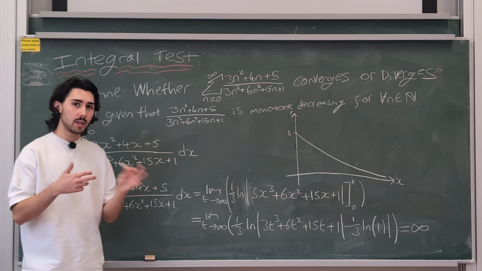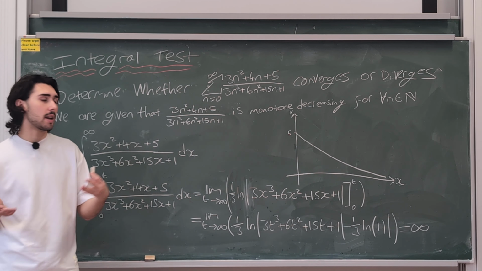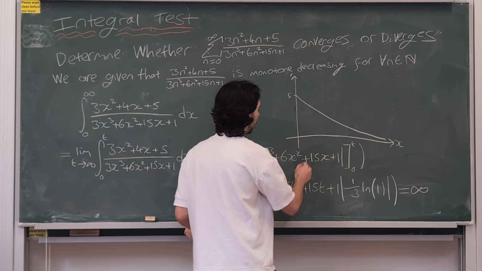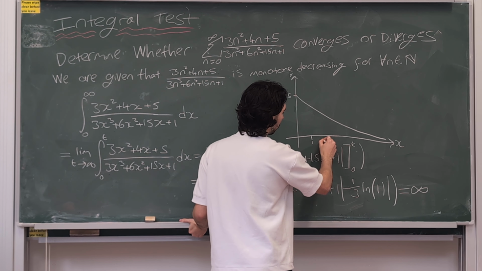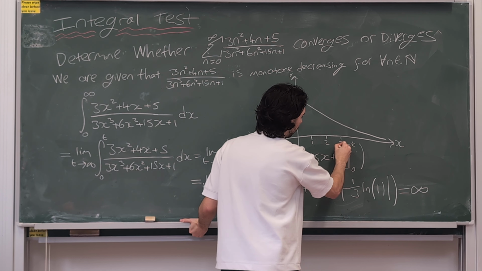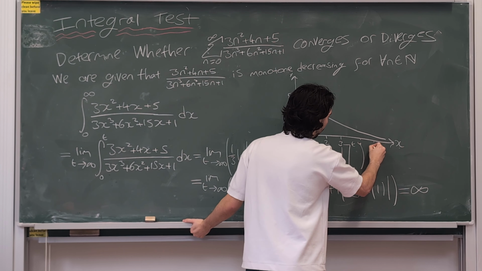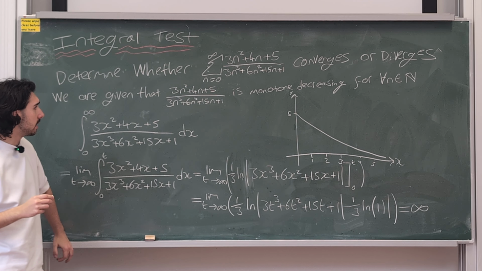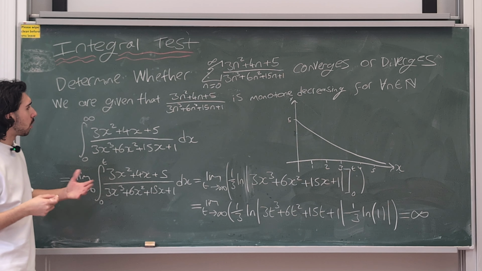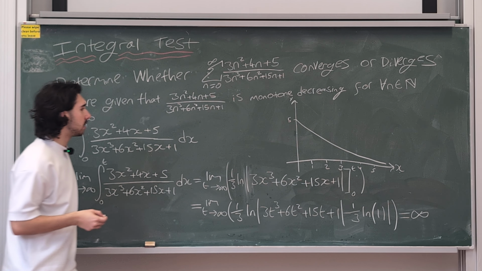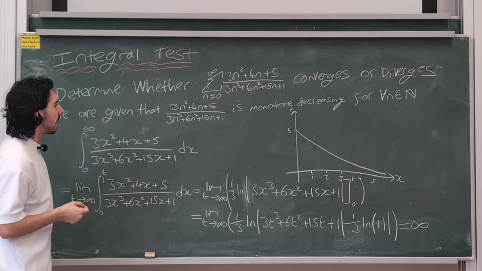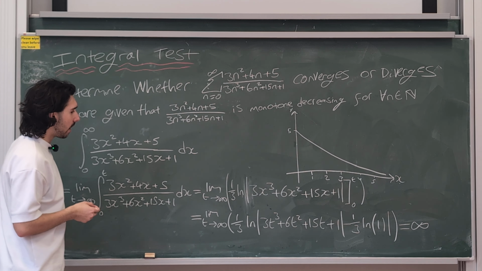So the only way of doing this is by showing the sum diverges. Again, you could have done this the other way around where you just guess first and then come to a conclusion, but that's fine. So let's draw in some random terms here. A few random points, 1, 2, 3, 4, 5, etc. I am not going to try and calculate what all of these terms are because it's a very, very complicated sum. What I do know though is when n is 0, we have the number 5.